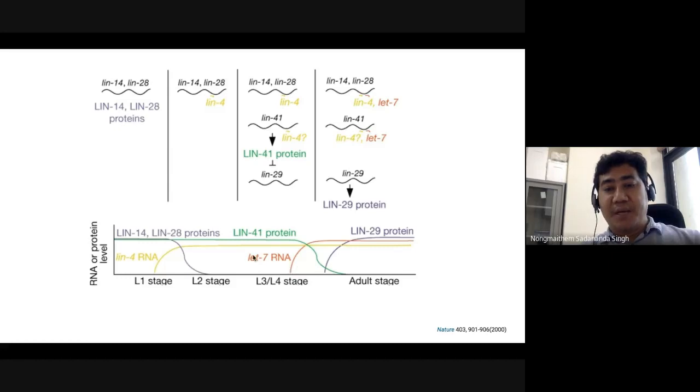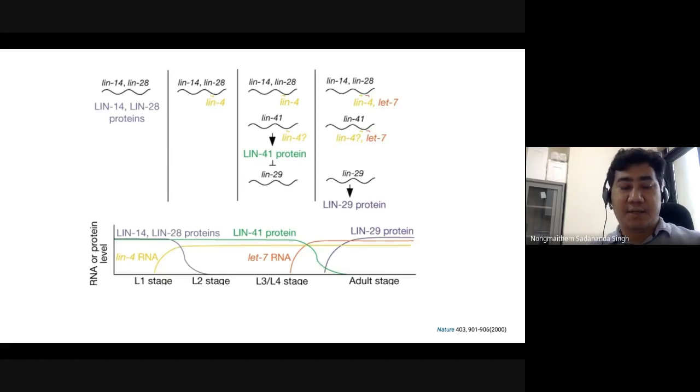And when let-7 RNA goes up, the lin41 protein expression goes down. Once this lin41 goes down, another protein, lin29, comes up. So there is a very nice regulation of protein expression through microRNA.